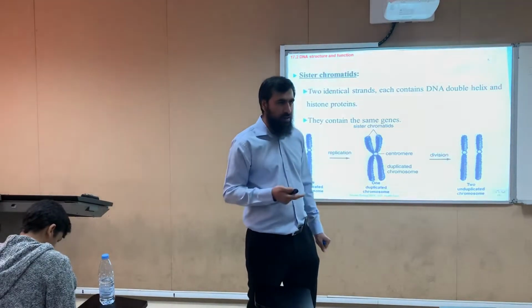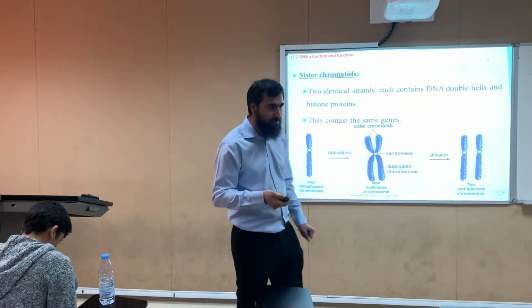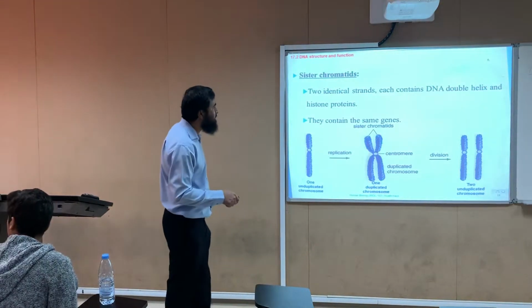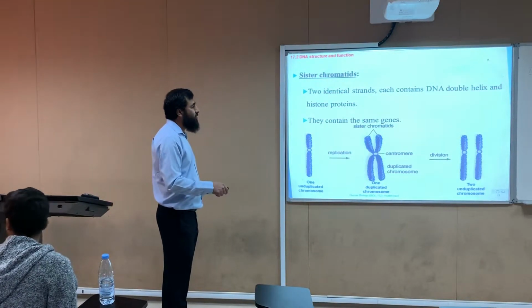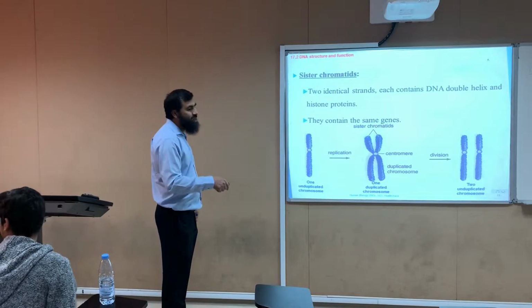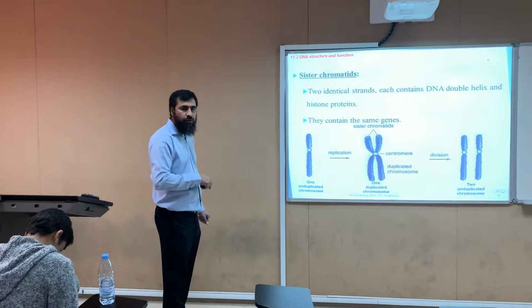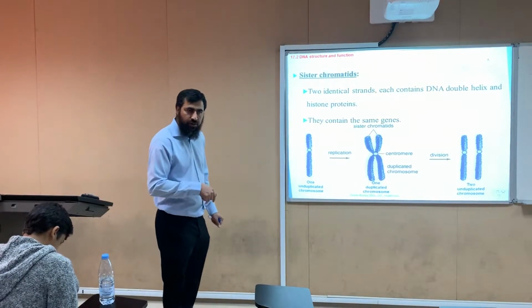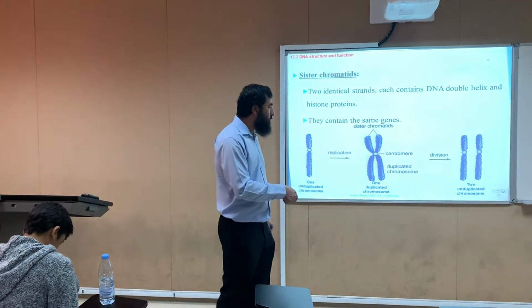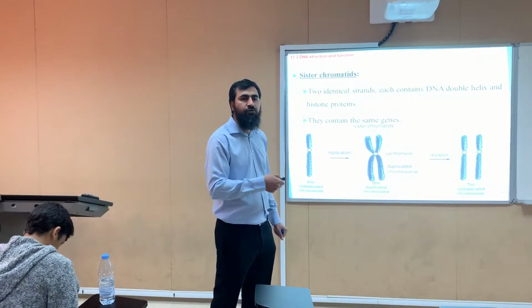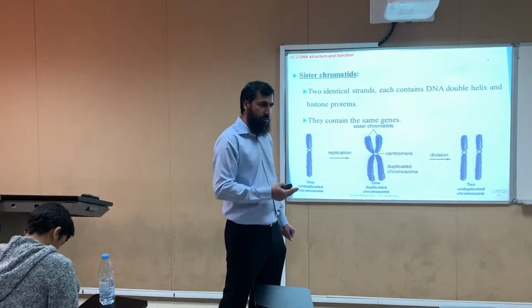They have different DNA from the original cell. So the sister chromatids are identical and contain the same genes, and that's important for cell division to form two new identical cells.